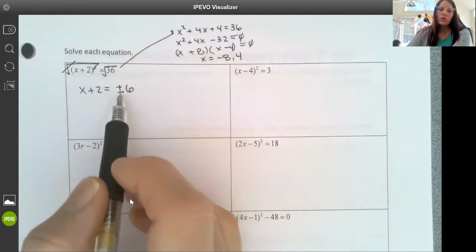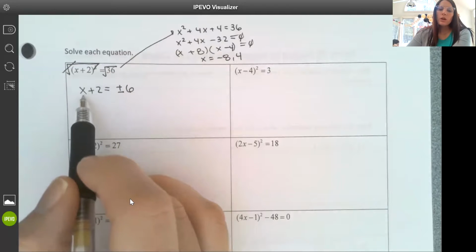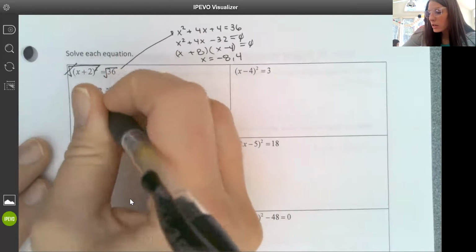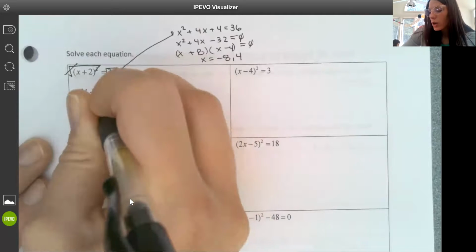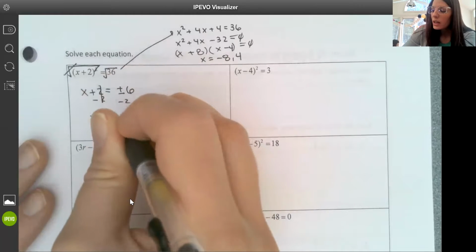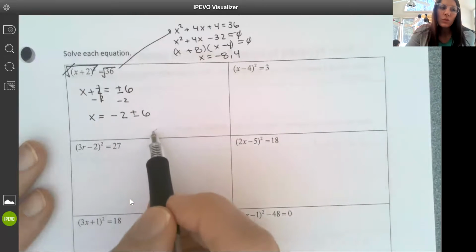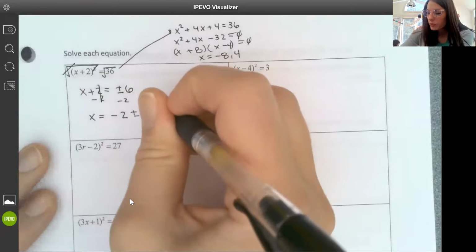Okay, so I know when I take a square root, I need plus or minus in front of that value. Now I haven't isolated my variable yet. I need to still subtract 2 from both sides. So then I get x equals -2 plus or minus 6. And this is how I get my two solutions.